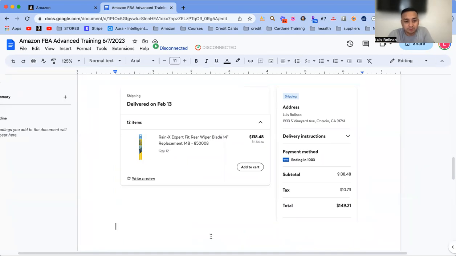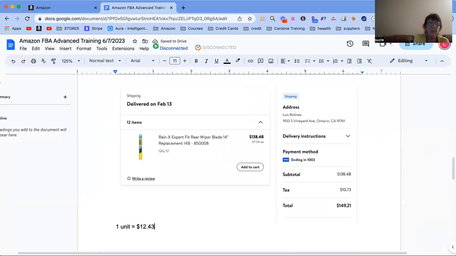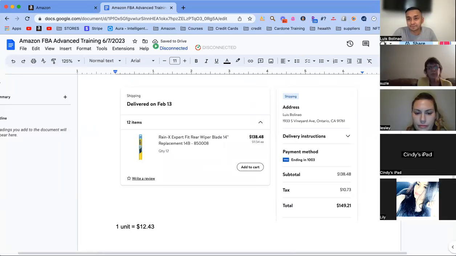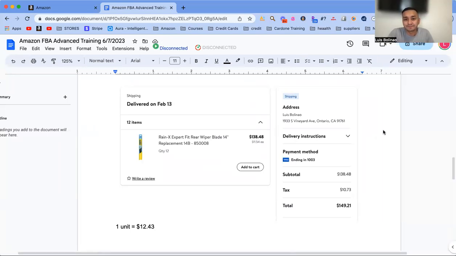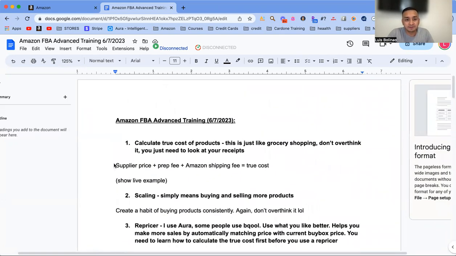So for this product, one unit is $12.43. Right? You got it? Simple, right? Okay, and then from here, you calculate your prep cost.